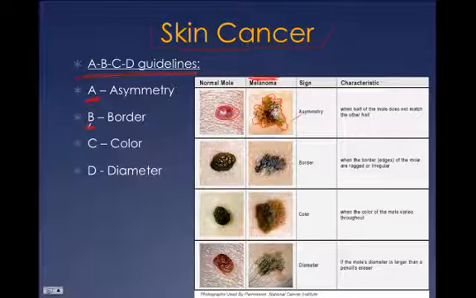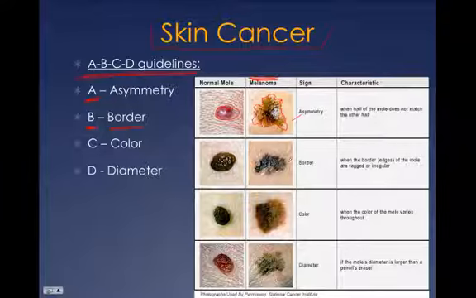Also, if you look at something and it has an irregular border, okay? An irregular border is a sign that you might have a mole that could potentially be cancerous. So if the borders of that mole are ragged or irregular, okay, then that's an indicator that you might have something potentially cancerous.